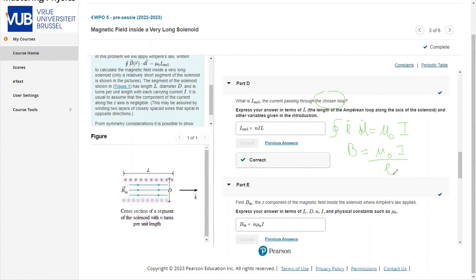Okay, because I feel like B doesn't have to be here. Also, it's just the magnetic field in just one loop. And there was also another formula for the solenoid.